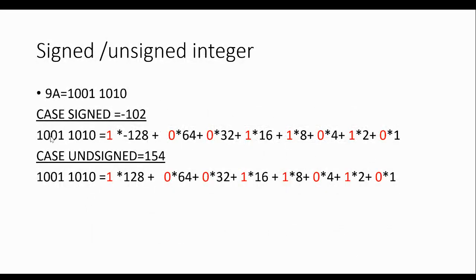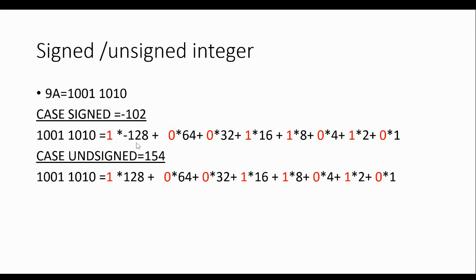And if you lay out the binary, I've written it in red color. You multiply for the signed case, and for the unsigned case it's just the most significant bit that you multiply. So for unsigned, it's 128, and for signed it's negative 128.